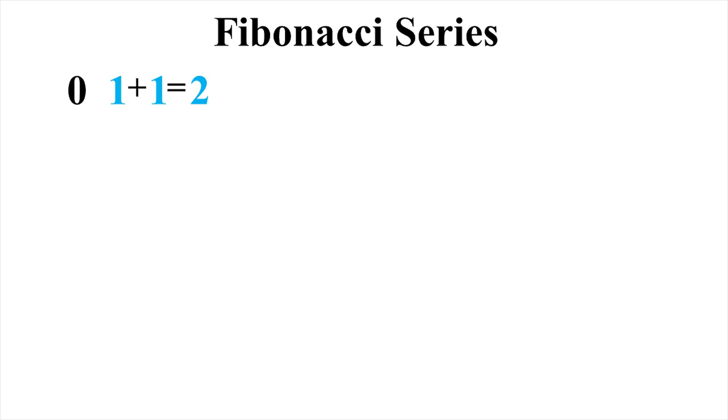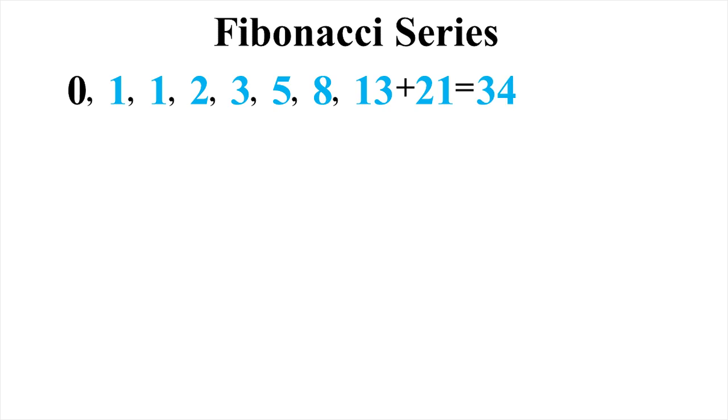And you can continue doing this. 1 and 2 is 3. 2 and 3 is 5. 3 and 5, 8. You see the series that's developing as we continue on doing this pattern. Okay? And each of these numbers is a Fibonacci number.